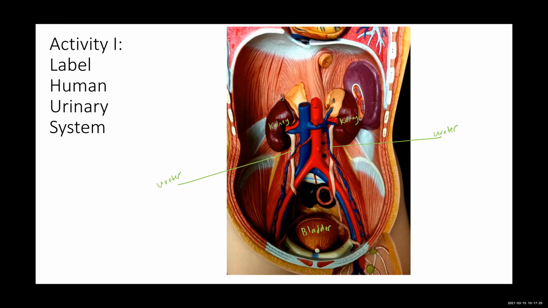We can also see that you have blood vessels moving into the kidney. So remember, any blood vessels shown here in red are going to be arteries. So this is called the renal artery, which we can see on both sides. And then the blue vessels that we can see here and here will be called the renal veins.